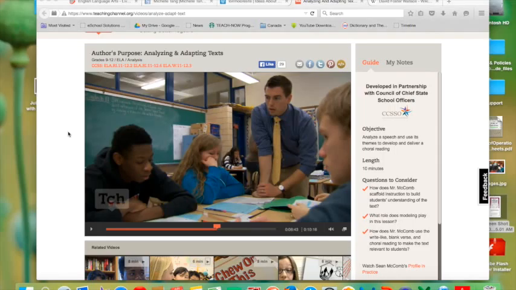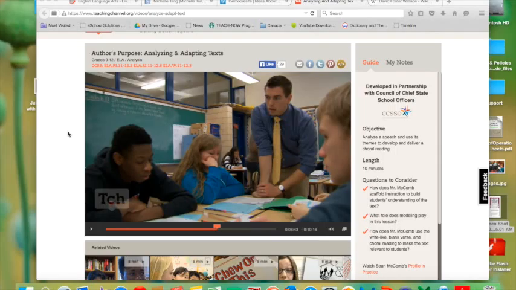He modeled the style, and then he put it into teenage language instead of adult language. So that's what he's going to have them do in their own narratives since they're teenagers.